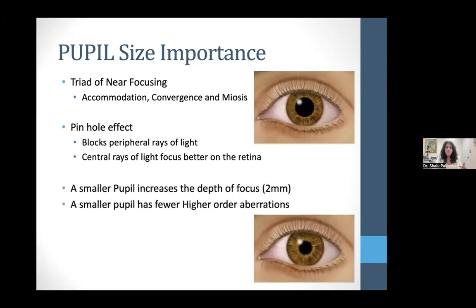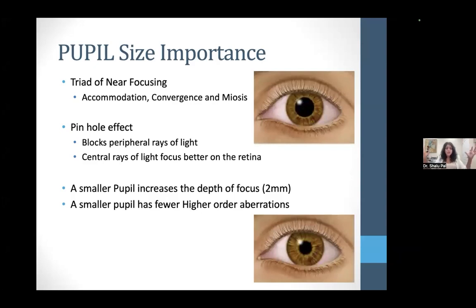What else do we know about pupils? When you have a smaller pupil, you're going to increase the depth of focus. When you have a smaller pupil, you're going to reduce your higher order aberrations. If you've ever had a patient who complains of halos and glare and you give them a pinhole, they go, oh my God, it's all gone.